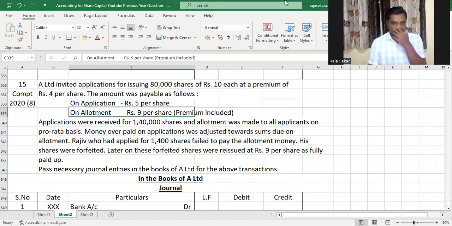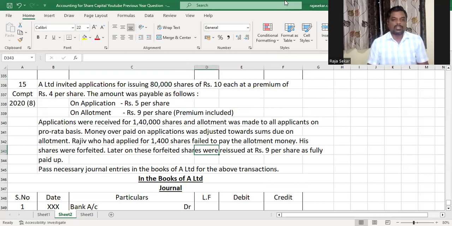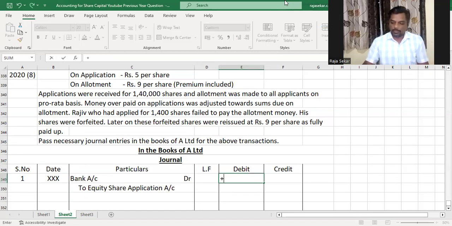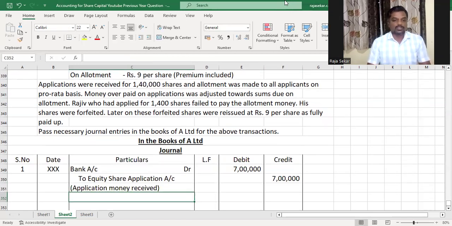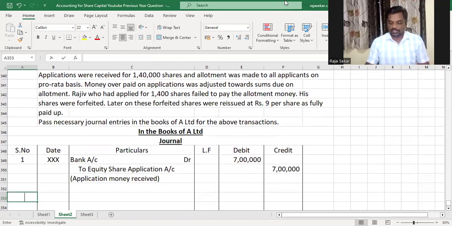The company received 1,40,000 applications and application money was 5 rupees per share. So 1,40,000 into 5. That is 7 lakh rupees. Once again, I remind you, use a proper journal entry. You don't write the narration, this application money received.